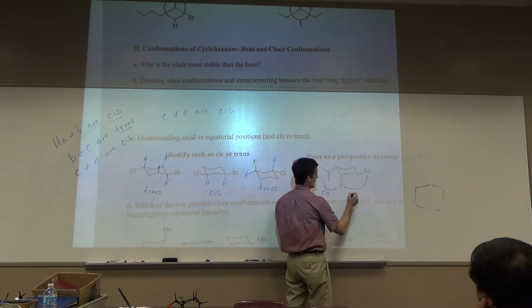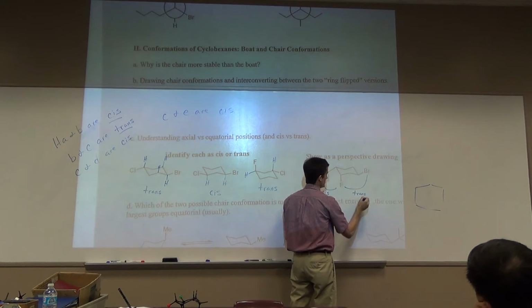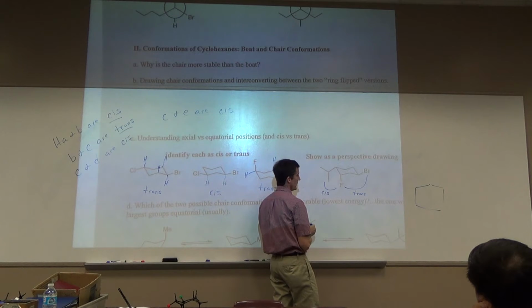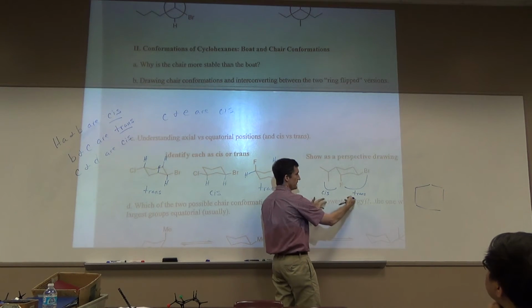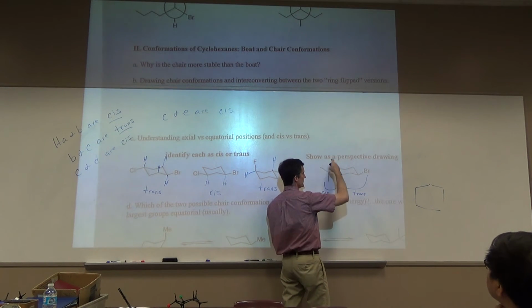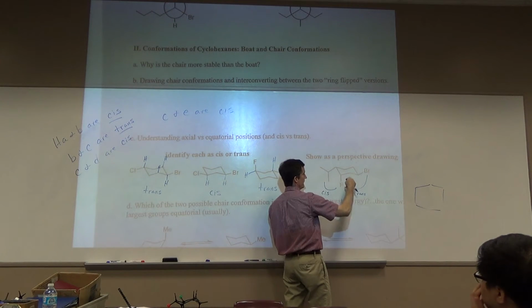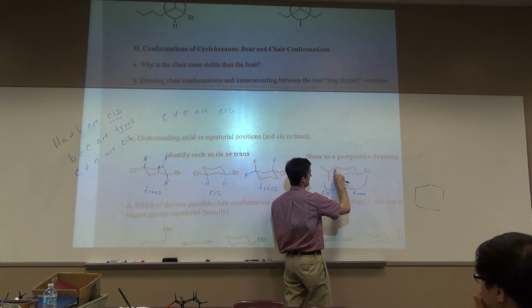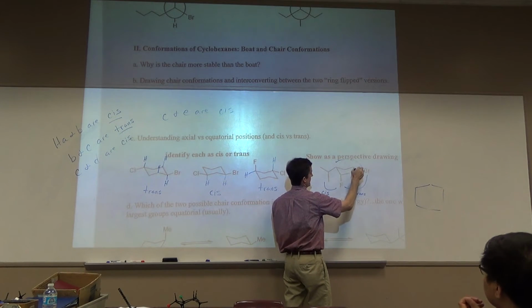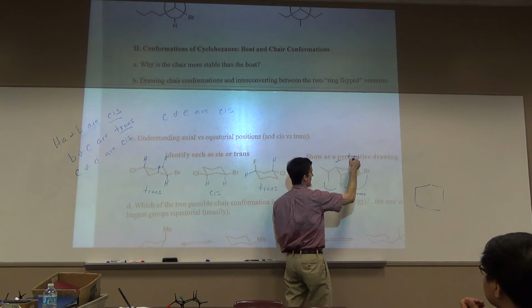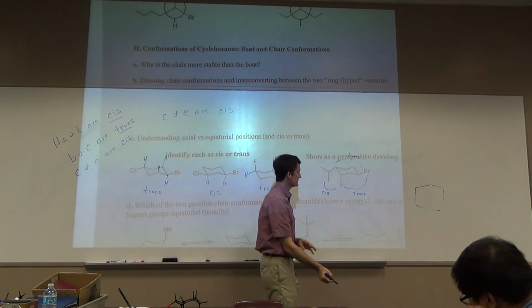Trans. And if we got this right, everything would be right, because if these are right, then this has to be right. And these are what? Trans. Okay, we want to make sure all that is right.